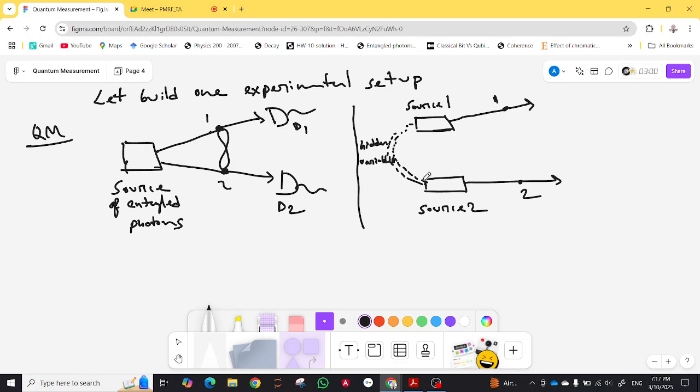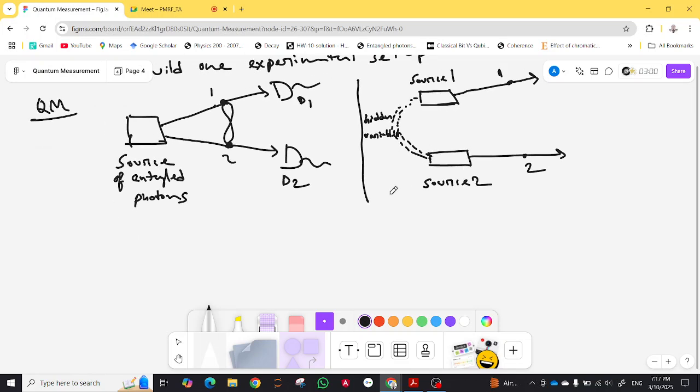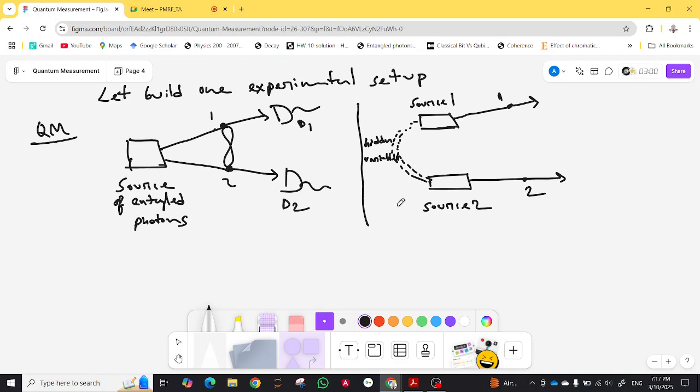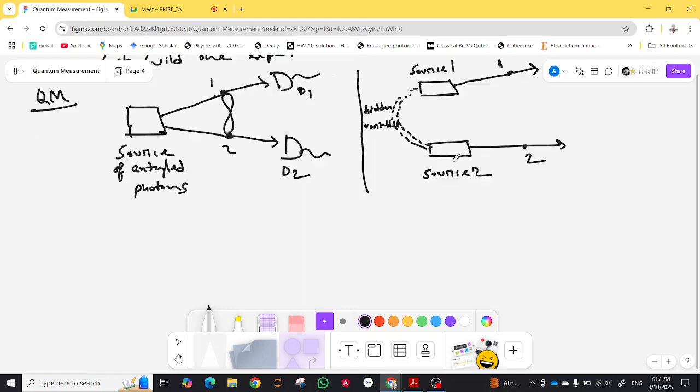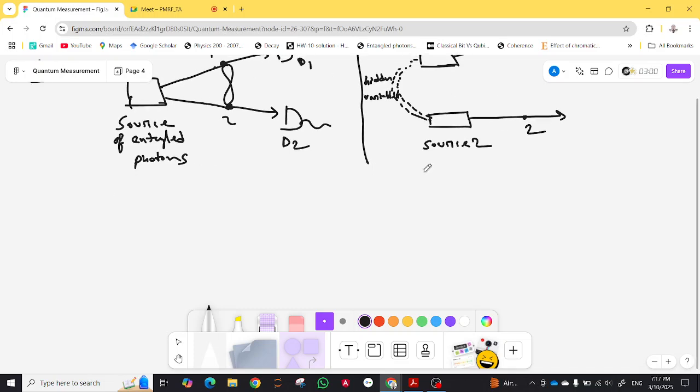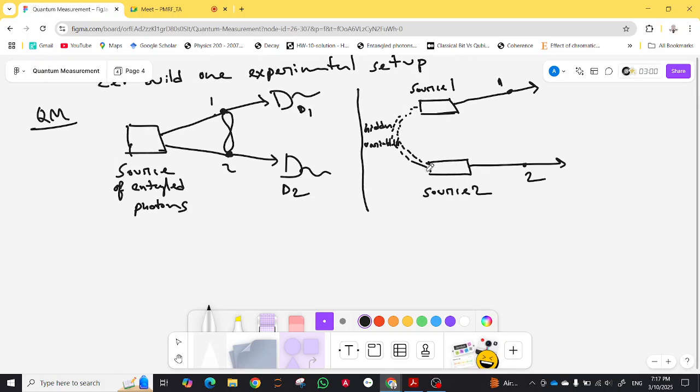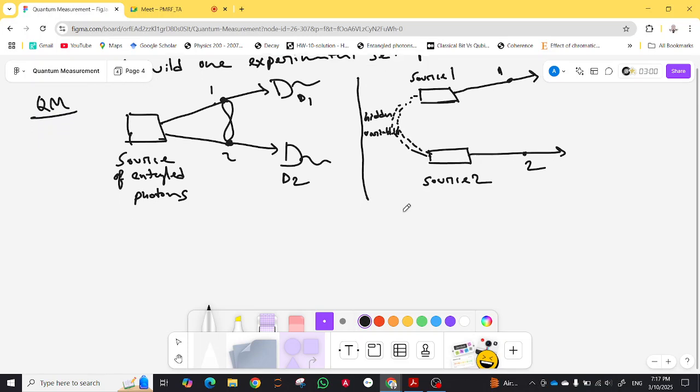And there can be an infinite number of rules. You can choose the rules for how source 1 and source 2 will emit the photons, because these are all hidden, right? You don't know, so everything is in your hand, so you can choose whatever variable you want, right? So there are several rules.